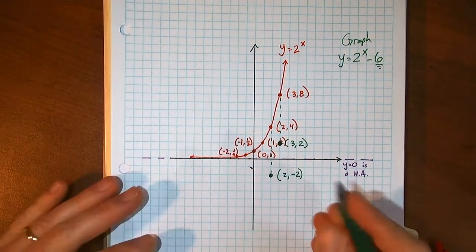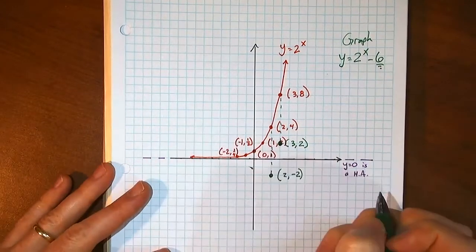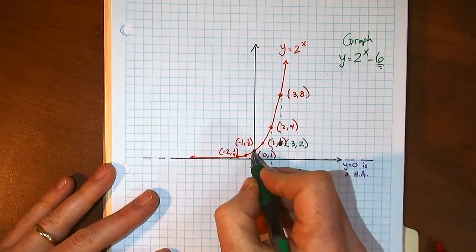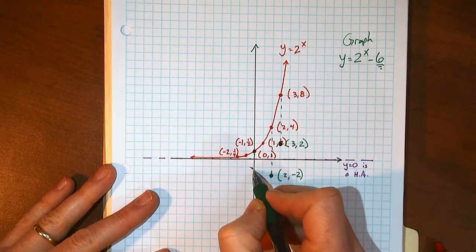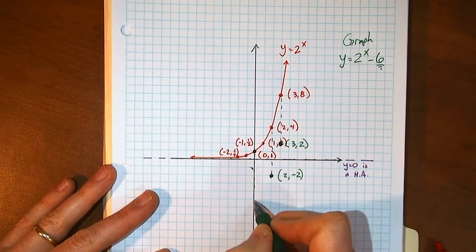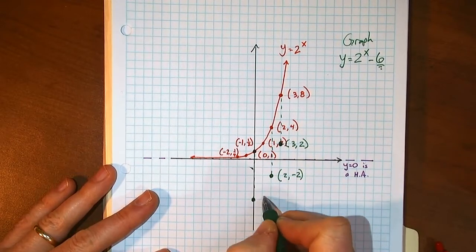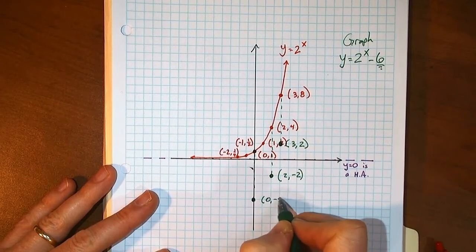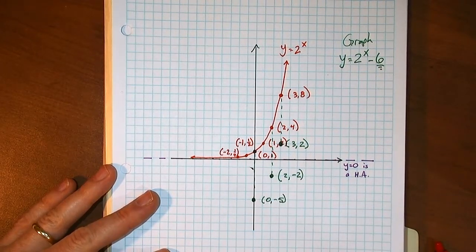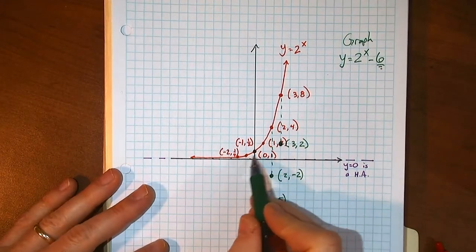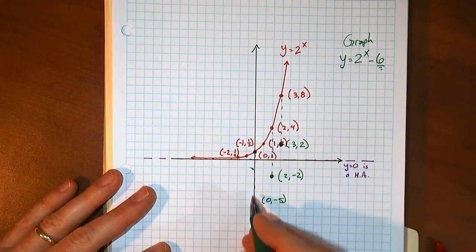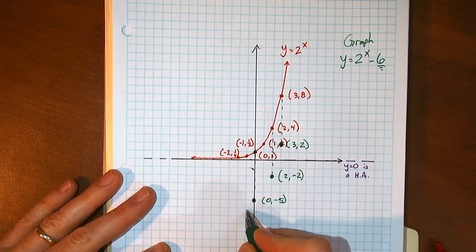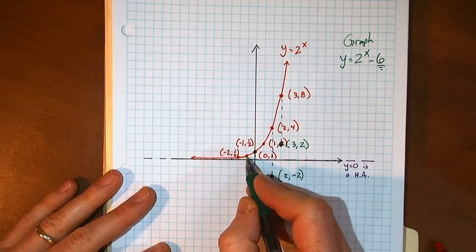Likewise, I'm not going to do this for every single point. Let's just jump to this one. It was at 0, 1. If it moves down 6, 1, 2, 3, 4, 5, 6, now it's down here at 0, -5. These points are also going to move down, but they're moving down some fraction. So it goes down 6 units.